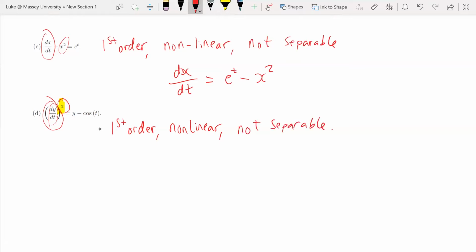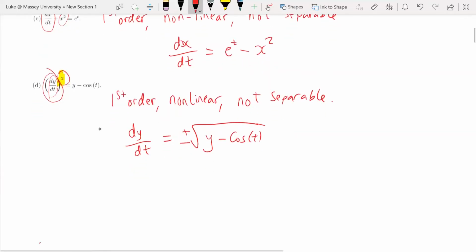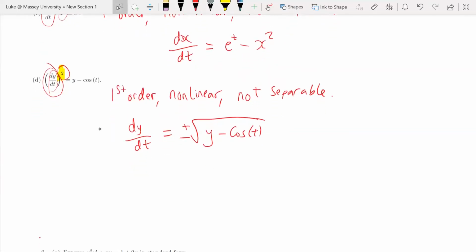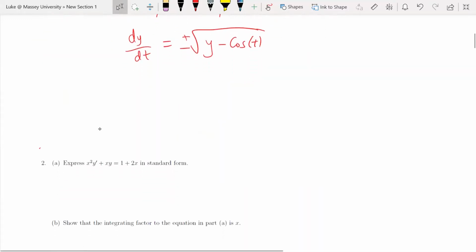I can show that because if I take the square root of both sides of that equation, I get this, technically plus or minus, but I can't get all the y terms on one side and all the t terms on the other. So it's first order, nonlinear, not separable. I think that one was pretty straightforward, and you should know how to classify ODEs in this way.